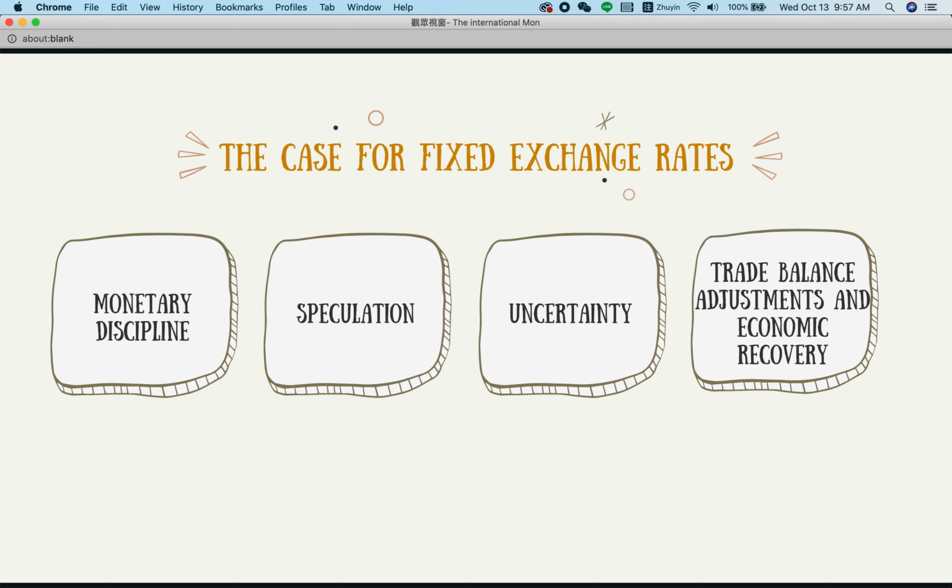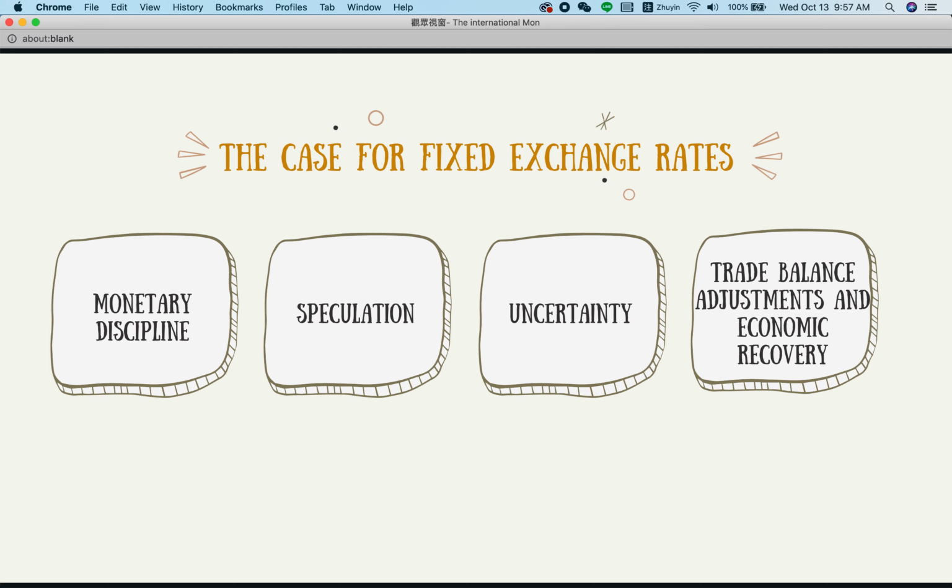Advocates of the floating system reply that the forward exchange markets insure against the risk associated with exchange rate fluctuations, so the adverse impact of uncertainty on the growth of international trade and investment has been overstated.